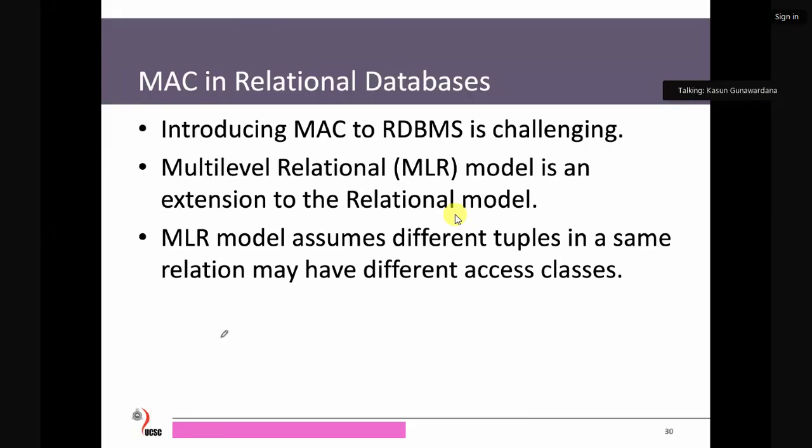Multi-level relational model is an extension to the relational model. So theoretically we can introduce a multi-level relational model, right? MLR, the multi-level relational model, assumes different tuples in the same relation may have different access classes, right?